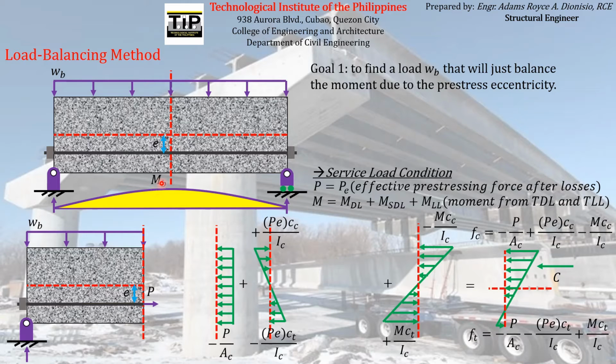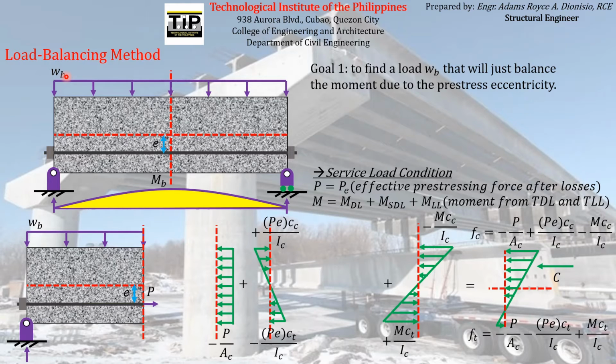So again, guys, take note that the balance load here, since we are in service load condition already, we know for a fact that our concrete element already supports the total service loads, which are the dead load, live load, and the superimposed dead loads. And again, the sum of those dead load, live load, and superimposed dead loads will obviously be greater than this balanced load here that we will try to find on our first goal.